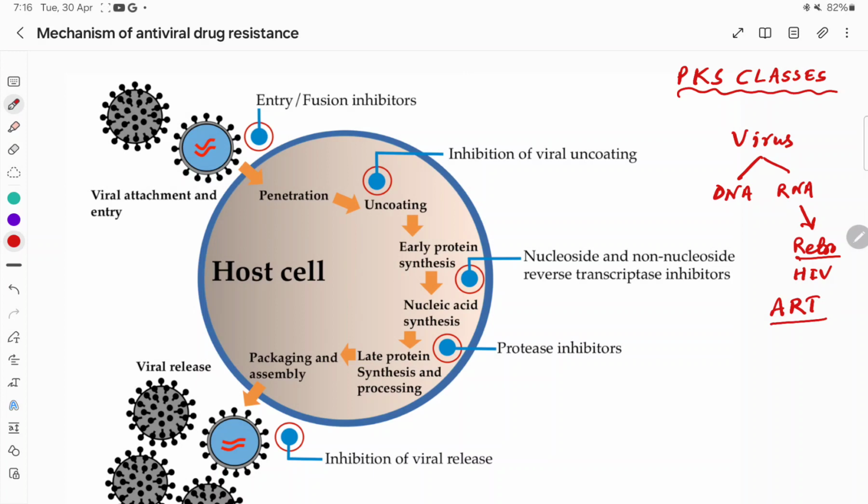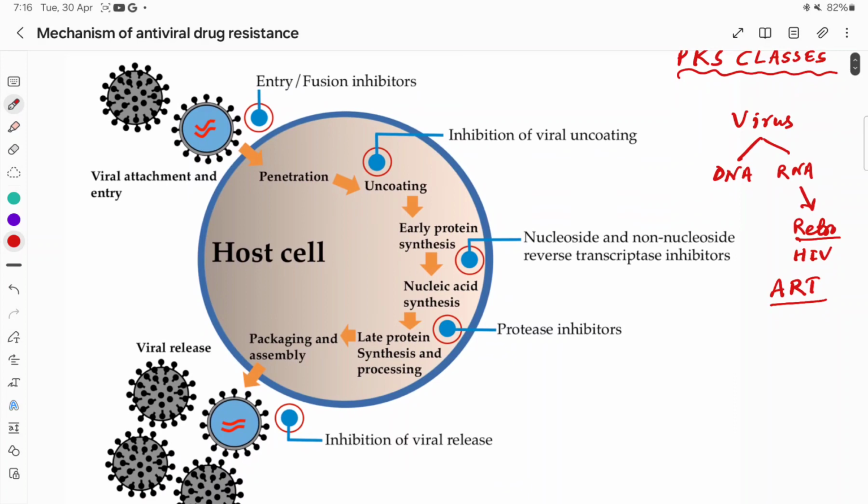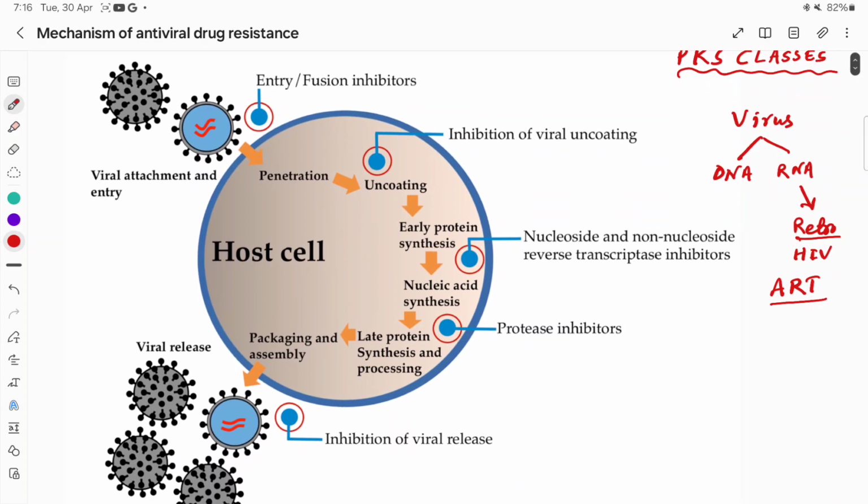So before discussing the resistance and its mechanism, let us first see how the life cycle of a virus occurs. You can see here the structure of a virus, and on its envelope there are glycoproteins.